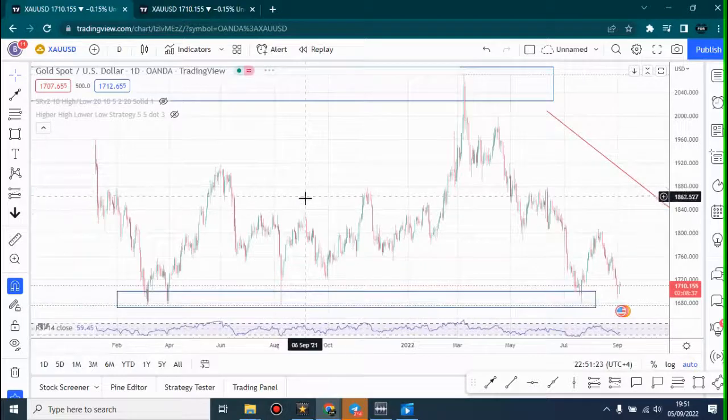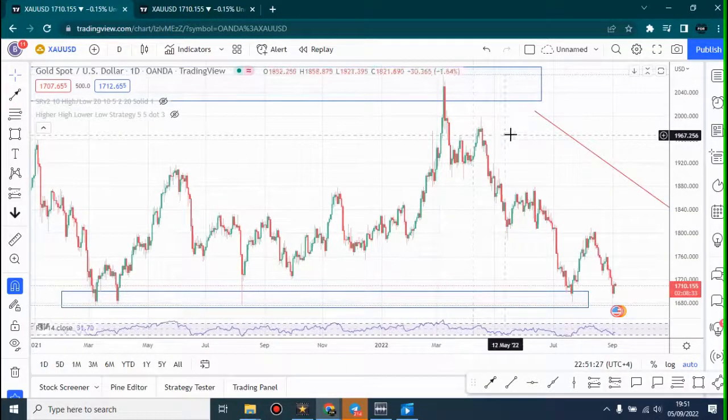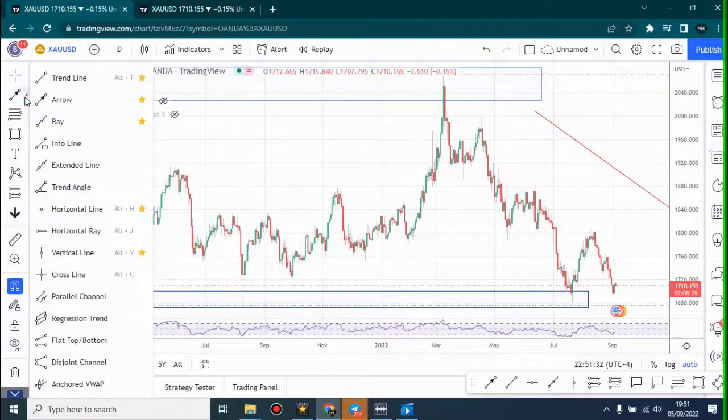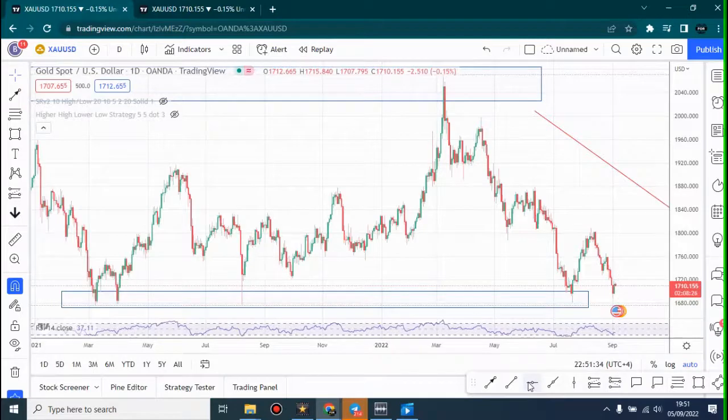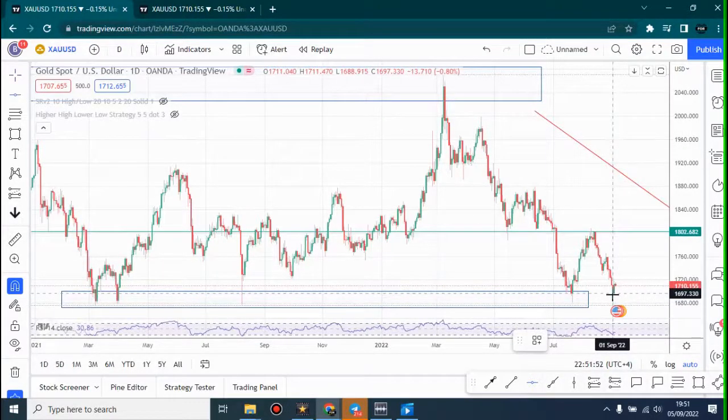Now on the daily, we still have these same zones. I may still decide to draw my support and resistance zones, so that I can get a clear direction of the market. Right now, this is a very clear resistance zone. Also, at this point, we have a support zone, which is also more of a demand zone.